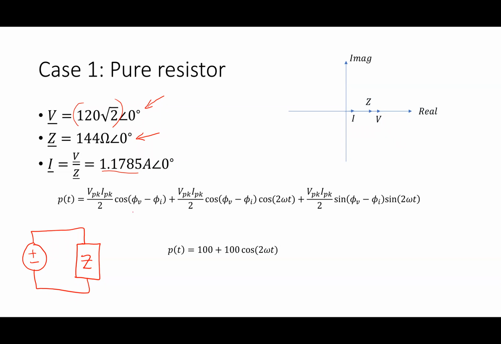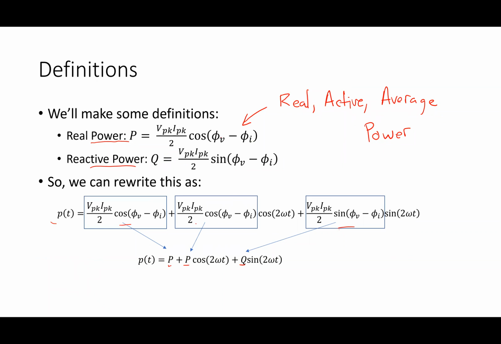If I go through and do the calculations of P and Q, the P that I end up with is 100 watts. The Q in this case is the reactive power. The important thing here is to look at phi V minus phi I. There is a dependence on that. We said this already, V equals I times Z. So the angle of the voltage equals what again?